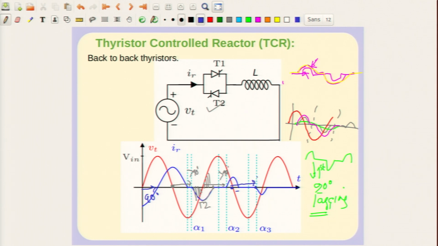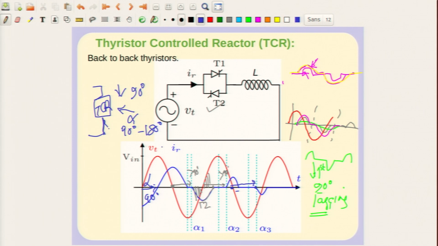Okay. So, actually what it means is that if you just look at the fundamental component, you have a device, this whole device which is a TCR, in which the fundamental component of the current drawn is 90 degrees lagging and its magnitude depends on the firing angle, delay angle alpha, and alpha can change from 90 degrees to 180 degrees.